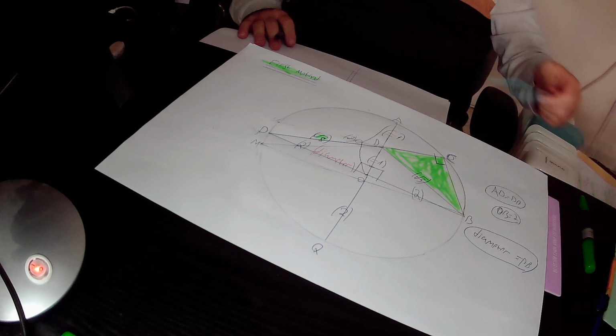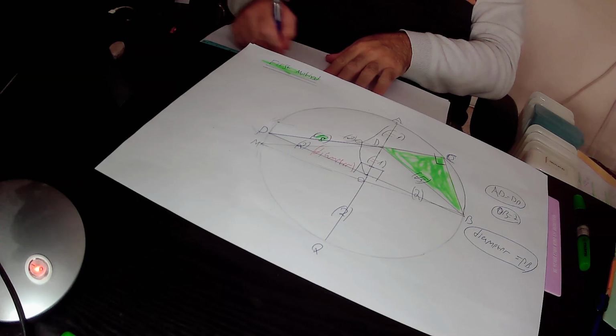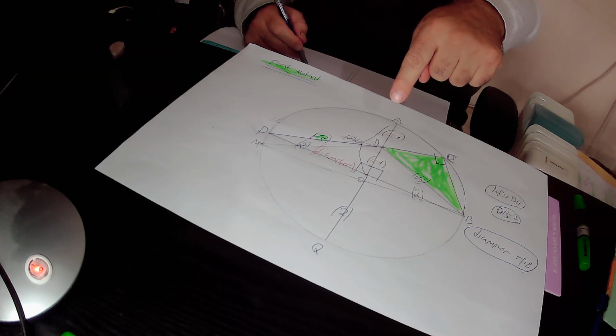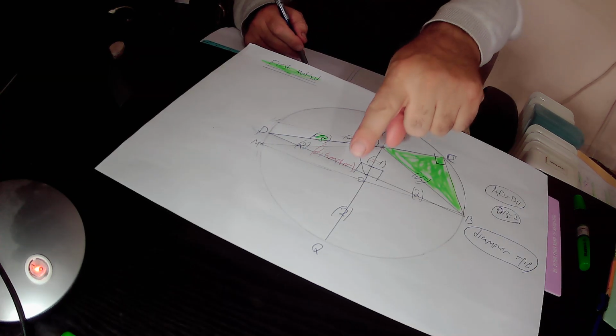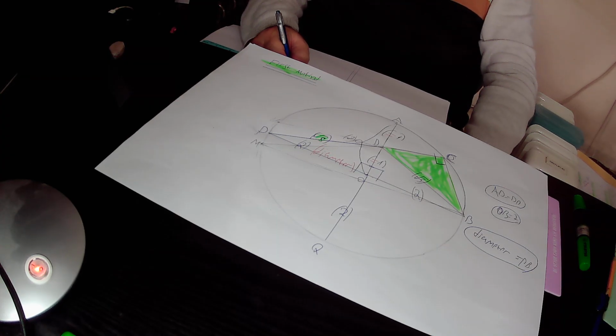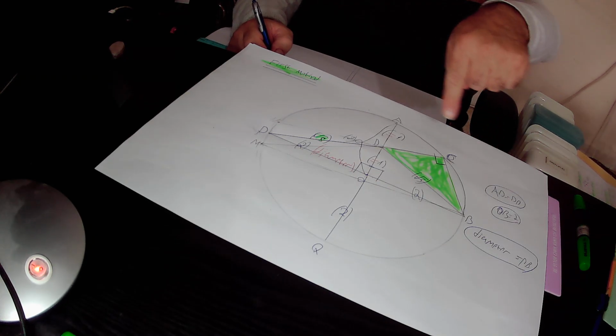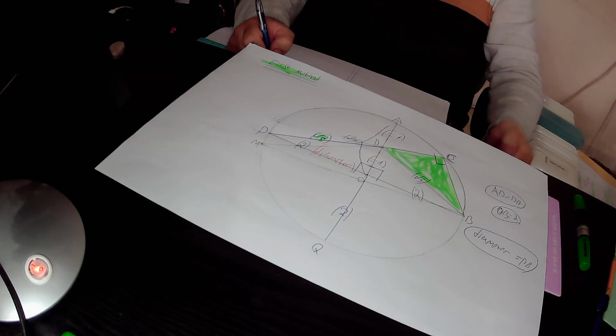According to rule 24, the following equation is true: AD times DQ equals CD times DP.